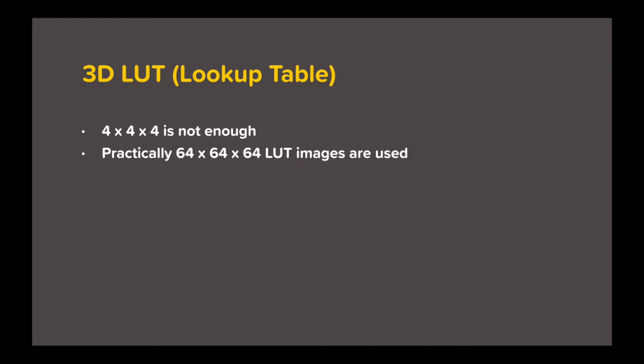Then you might be thinking, why not just use 256x256x256 images? We could do that, but then those LUT images will be very big, and for practical purposes we have realized that 64 LUT images are just enough, and they work out for pretty much most of the use cases.